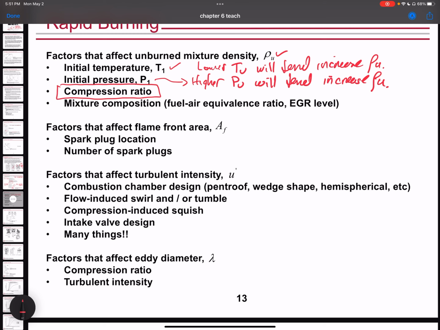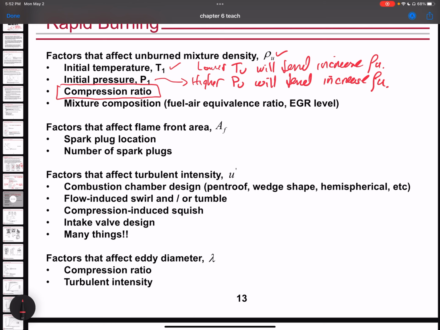Because what happens is we change compression ratio, as we say we, for example, increase compression ratio, what ends up happening is you are increasing both your pressure as well as your temperature, right? And so we'd have to think very carefully, what happens when we increase compression ratio? Does that ultimately raise my mixture density, or does it lower my mixture density, right?